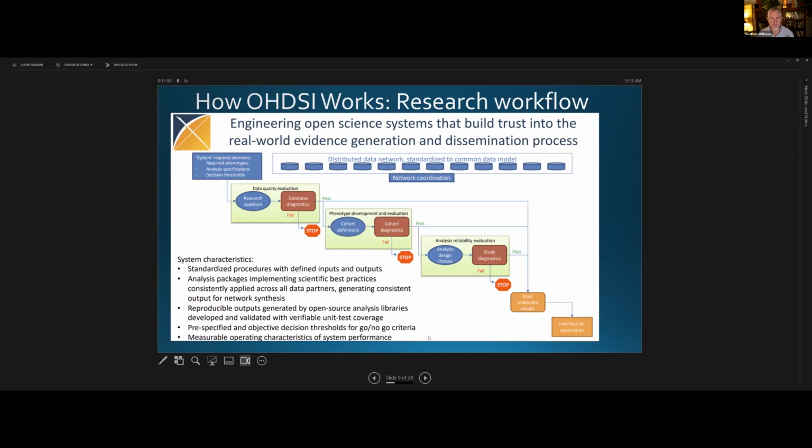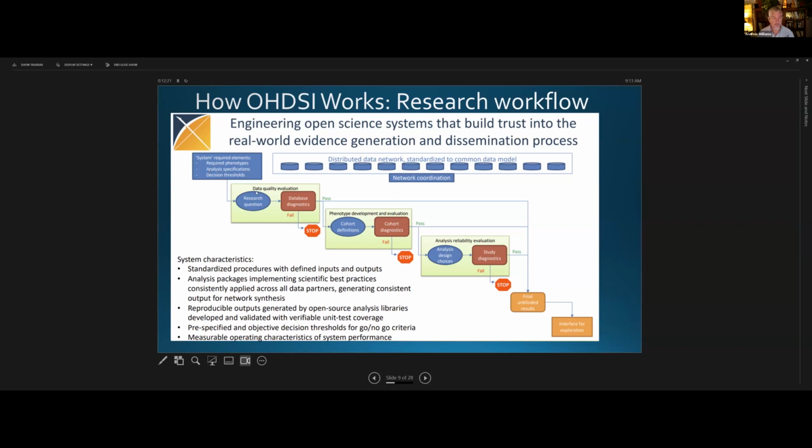And here's a little bit of a picture of what it's like to do a study using this whole system. Along the top, all of those disks are the distributed research network, but a study goes from the top left to the bottom right, where there are stages where diagnostics are applied and either passed or failed on the way from going from a question to the produced evidence.